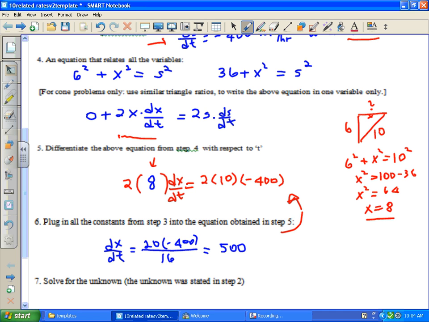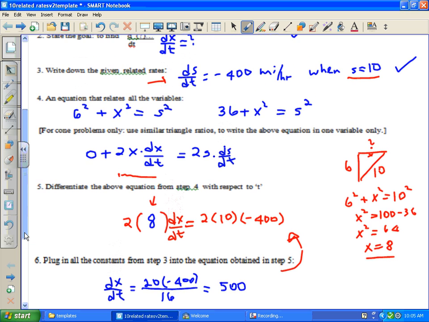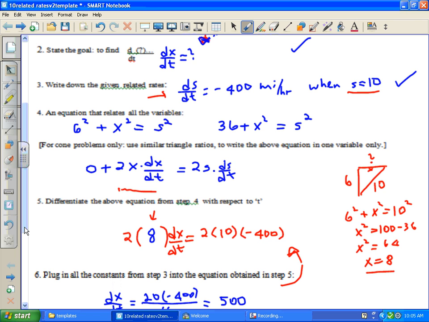And what will the units be for this? dx/dt should be units for x divided by units for t. So what were the units for x here? For distance, what units did we use so far? Miles, and for time we use hours.